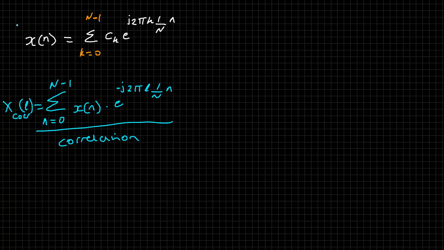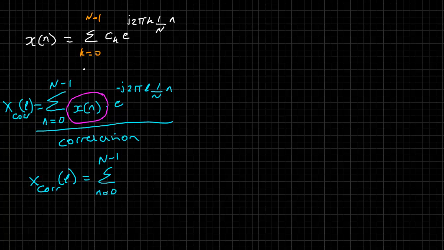Now let's substitute for xn by making use of the synthesis equation. Again, we are following the same process as we did for the continuous case. So X car, which is a function of L, is equal to the summation from n equals 0 to N minus 1, which means we are summing over the period, we are integrating over the fundamental period.